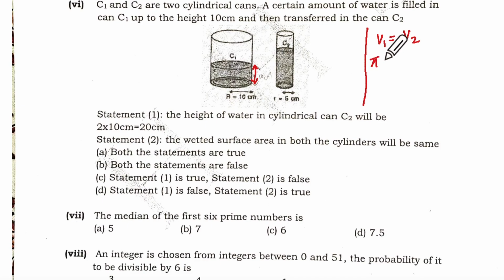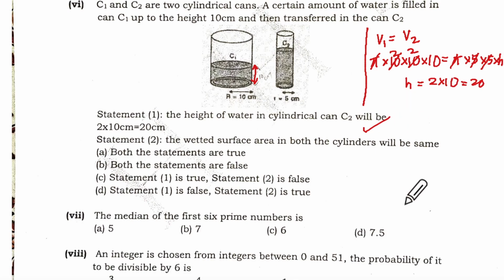So pi into 10 into 10 into h, which is 10, equal to pi r square h, so 5 into 5 into h. Pi got cancelled. 5 2's, 5 2's, and h is equal to 2 into 10, which is 20, is correct.